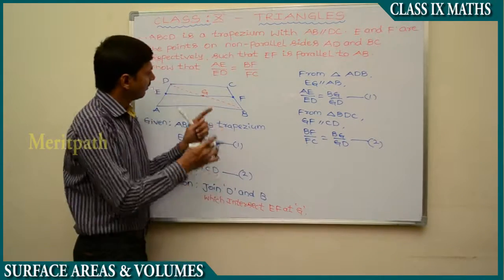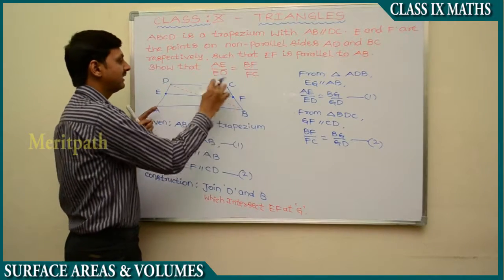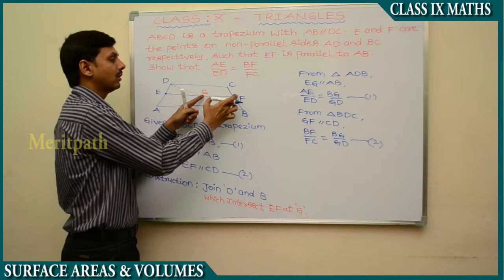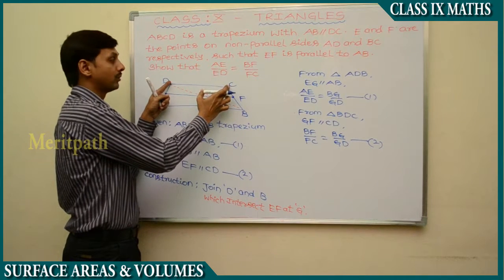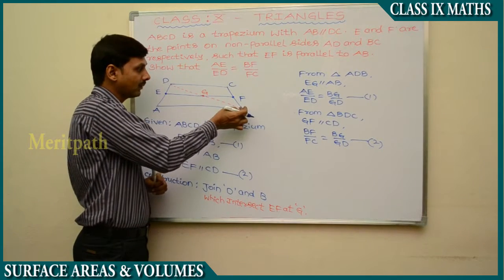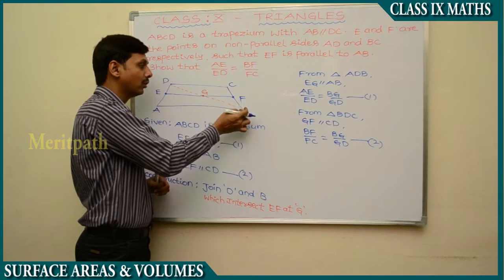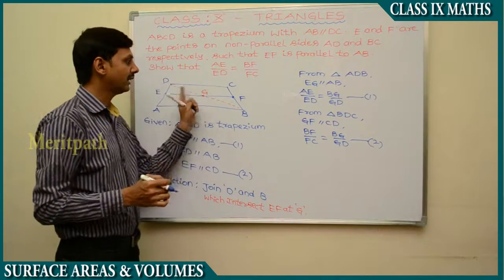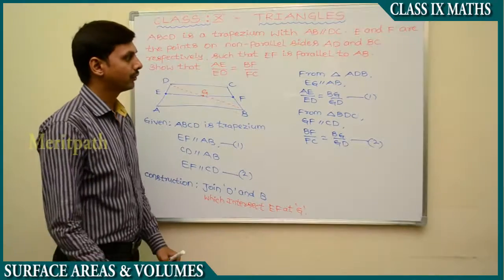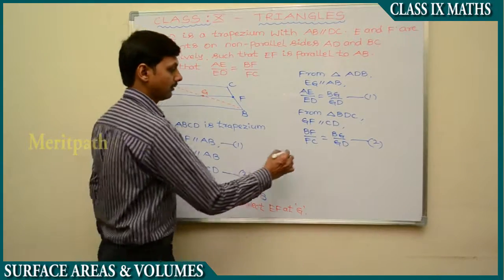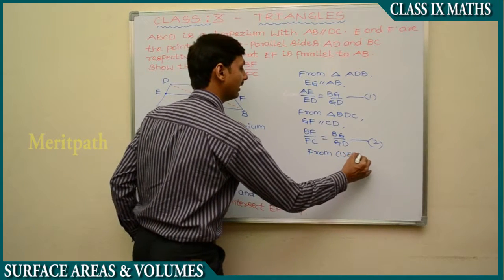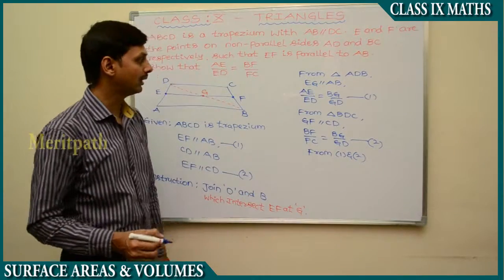How did we get this? Let's recall. From triangle BDC, EF is parallel to CD, so GF is also parallel to CD, so we can use the BPT. That is BF by FC is equal to BG by GD from this triangle BDC. From equations 1 and 2, we can observe the right hand side parts are equal.